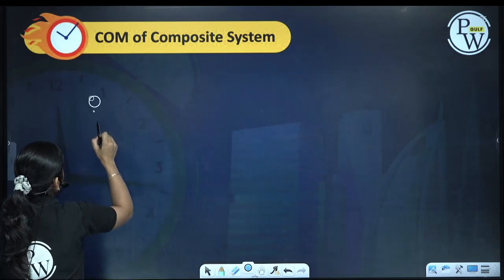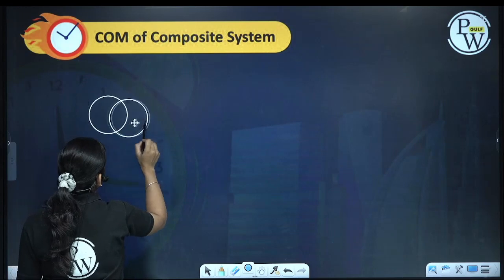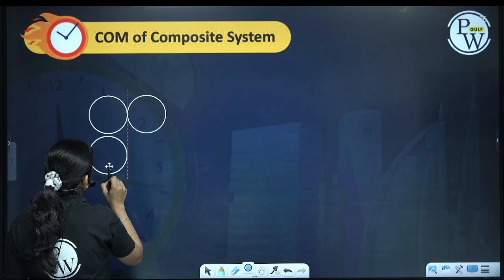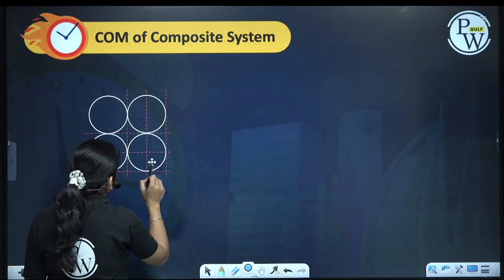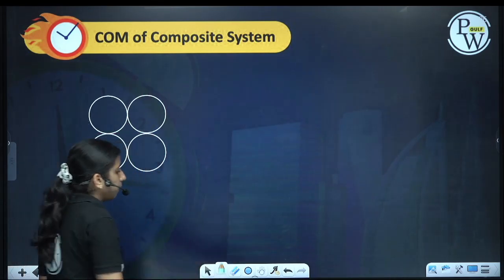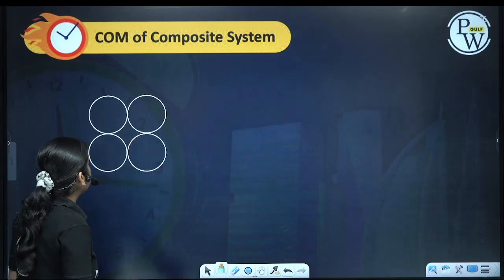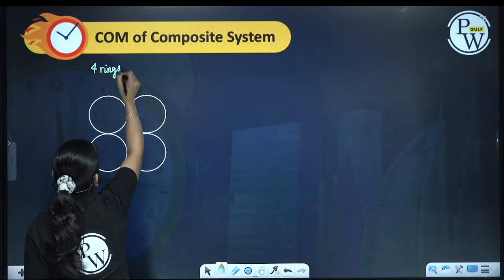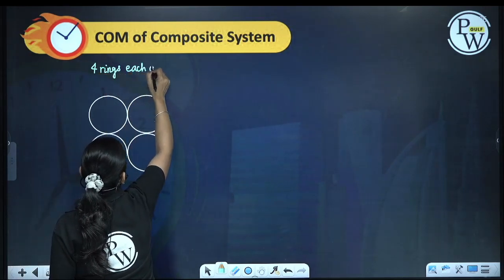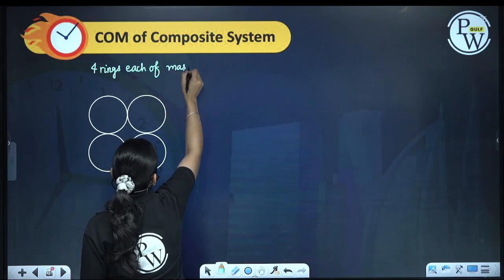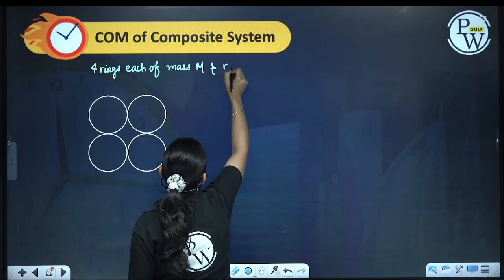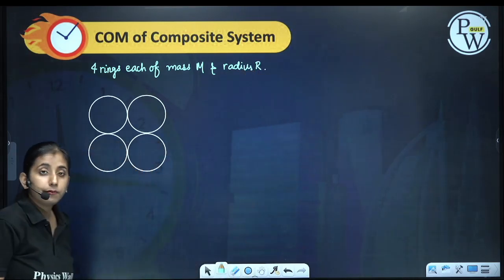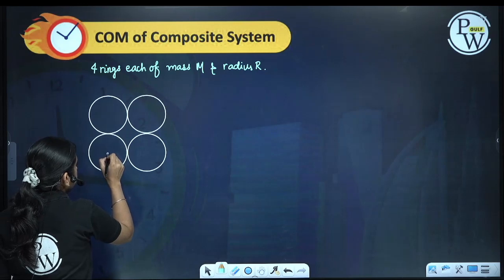Suppose we have four rings, each of mass m and radius r.